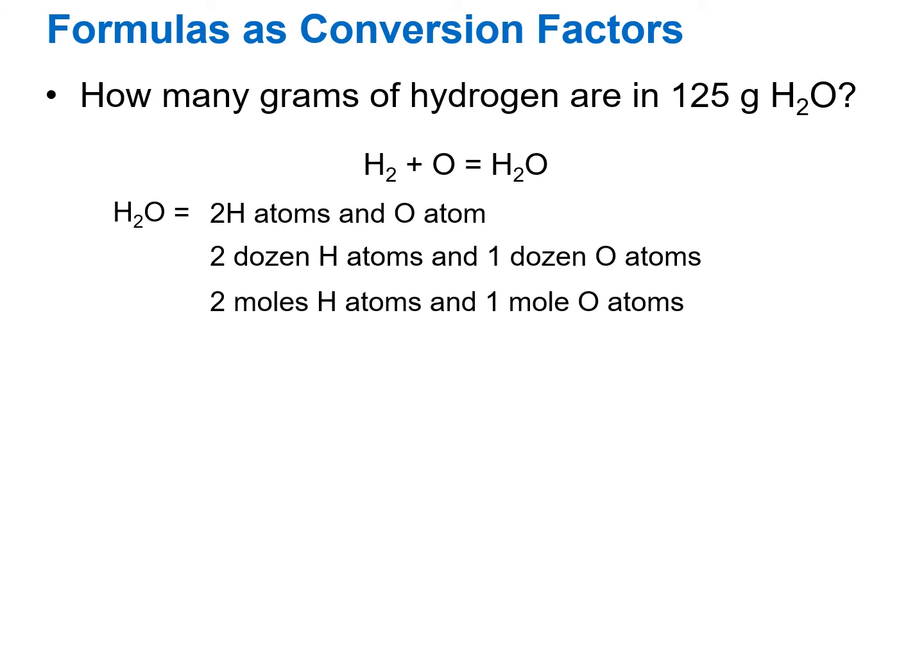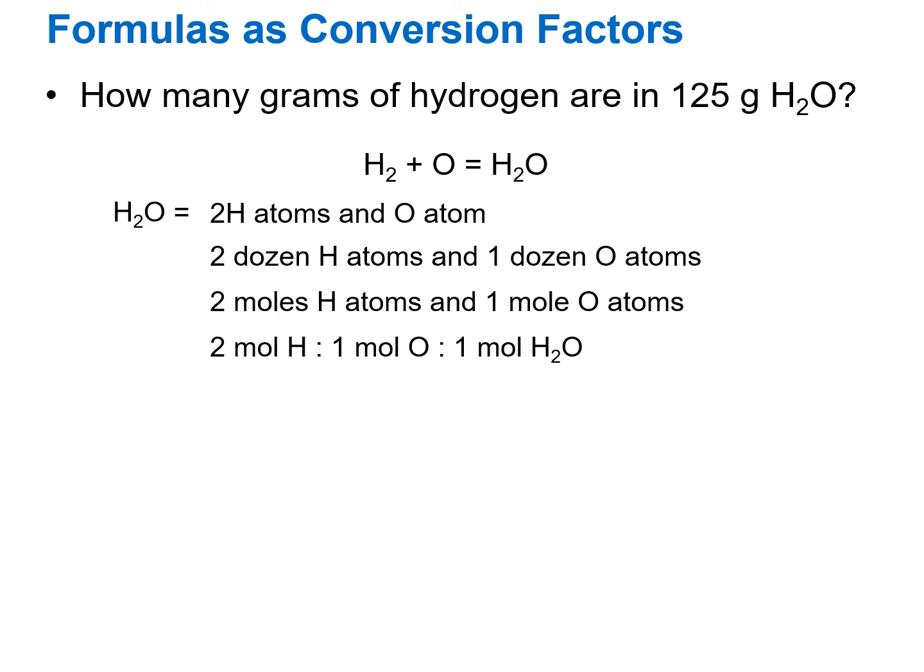All right, so what this is telling us then is that for 2 moles of hydrogen, it takes 1 mole of oxygen, and we can create 1 mole of water molecules. So there is a relationship between 2 moles of hydrogen and 1 mole of water molecules. There's a relationship between 1 mole of oxygen and 1 mole of water molecules. And there's a relationship between 2 moles of hydrogen and 1 mole of oxygen in this scenario.